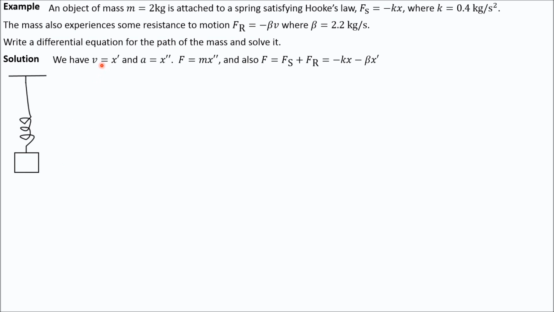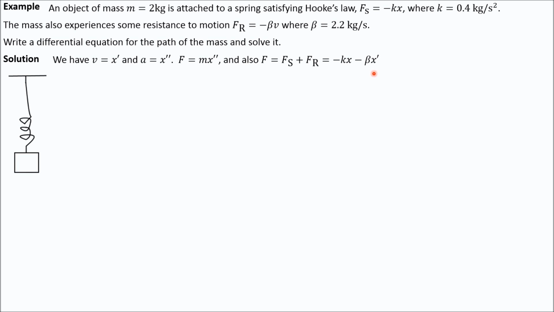So let v equal x prime, that's the definition of velocity usually, and acceleration is x double prime. We know that force equals mass times acceleration, and we know that there are two forces acting on our object. The spring force, this is always the spring force by the way, is minus kx. This is called Hooke's law, as mentioned here, and this force is the force of resistance, which we're assuming is proportional to velocity.